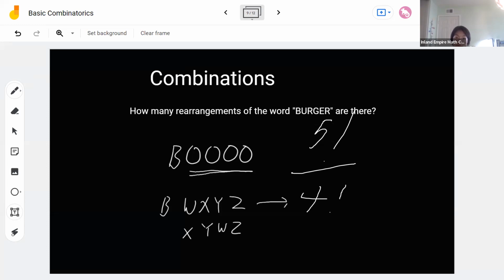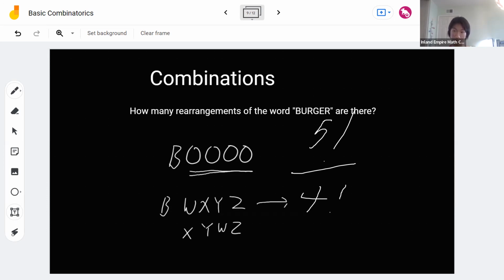All right. Hopefully that makes sense to everyone. So it's the total number of letters factorial divided by the number of repeats factorial, right? Yeah. But what if there is no other letter?